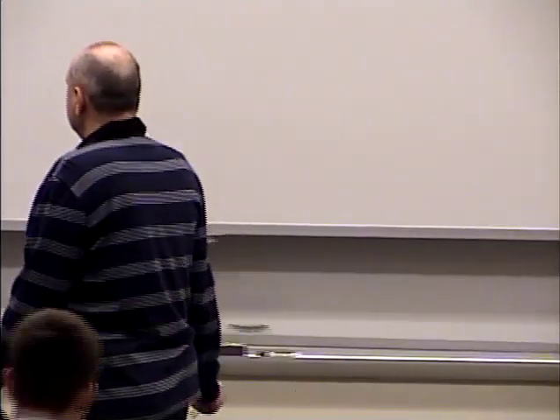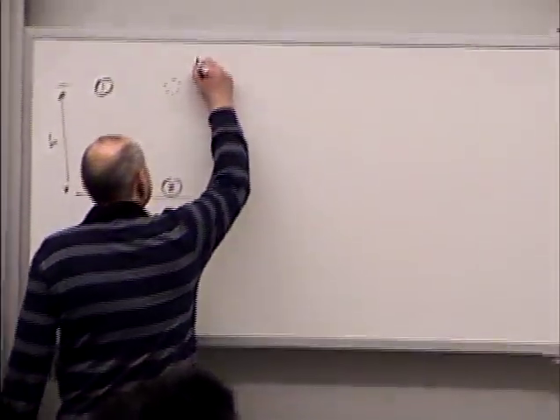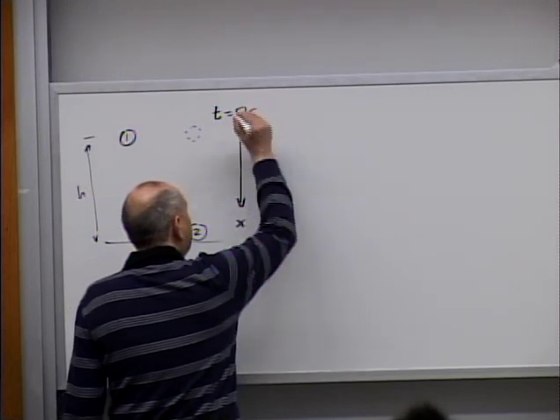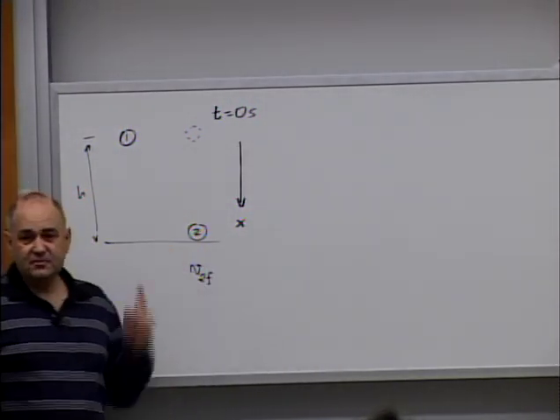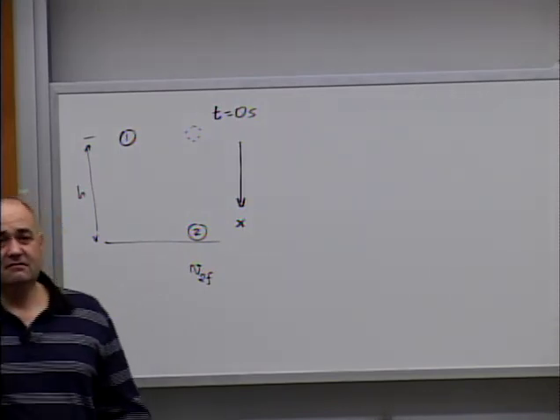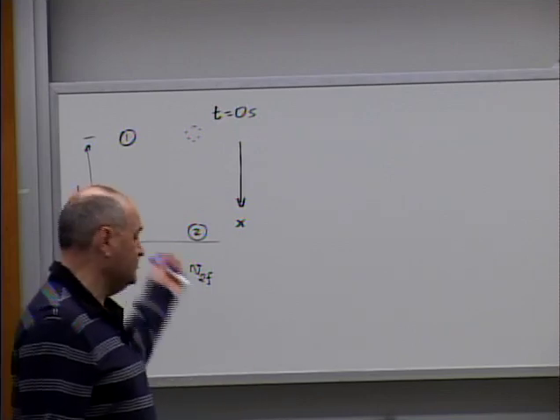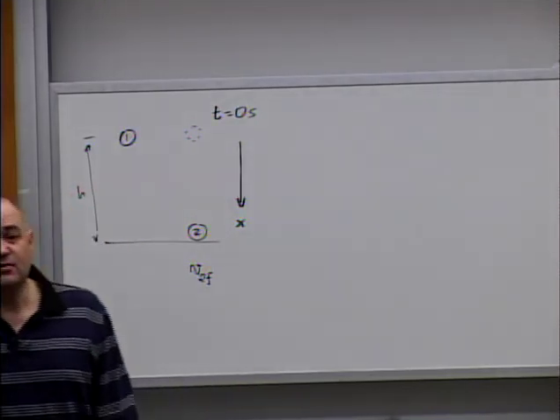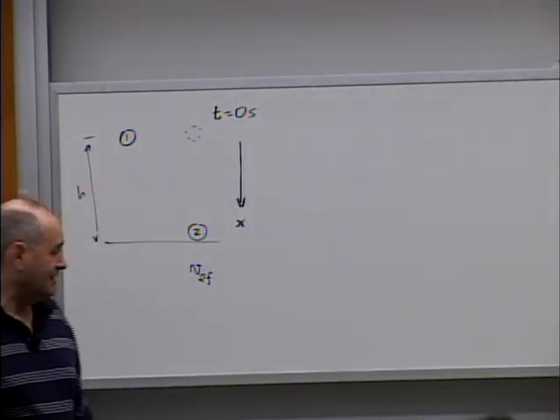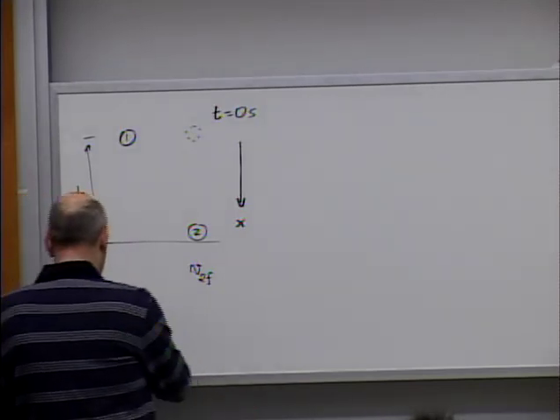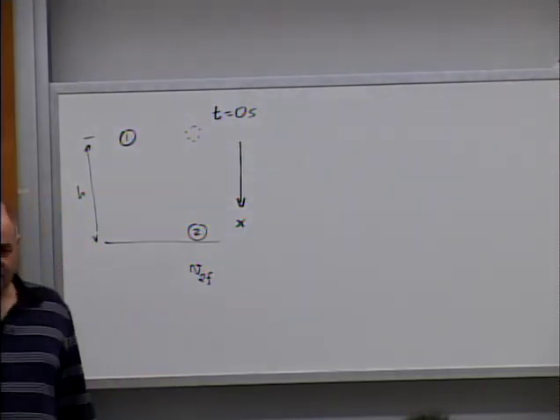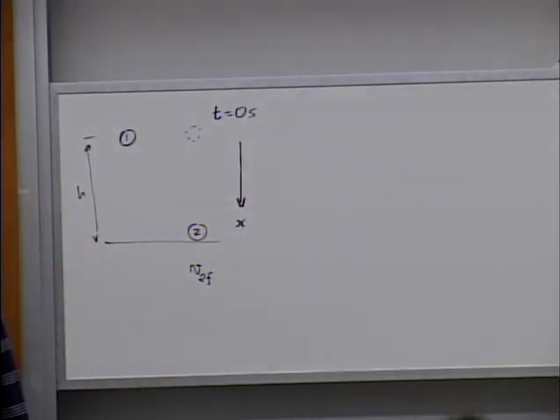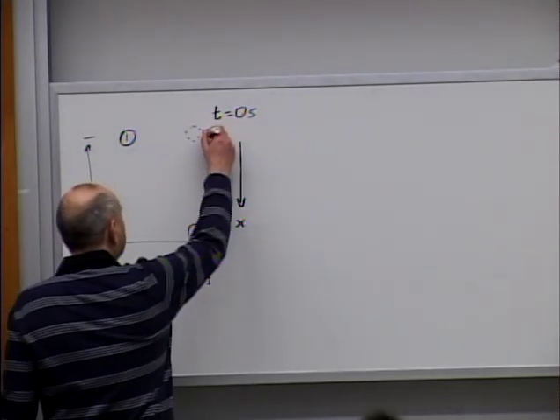Let's say that I release it at t equals 0 seconds when the ball is here. We believe that this motion is a motion with constant acceleration. So we remember that for constant acceleration, position is a quadratic function of time. Let's say that I also put the origin over here.